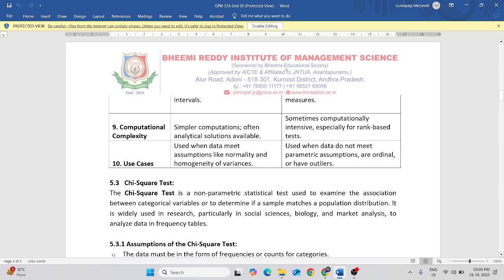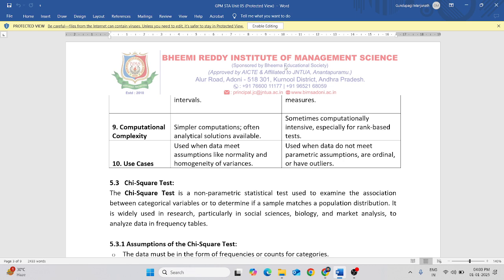Computational complexity: how complex are these tests when it comes to the calculation, and which method is more complex?